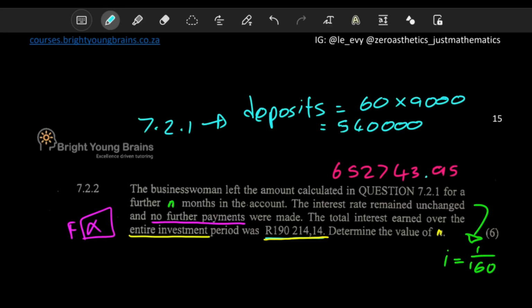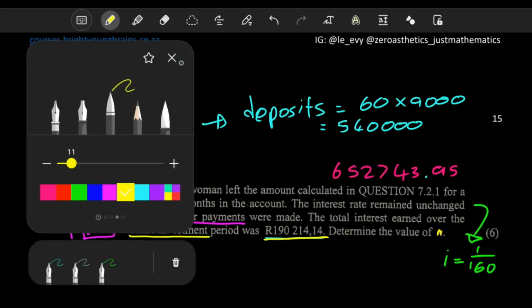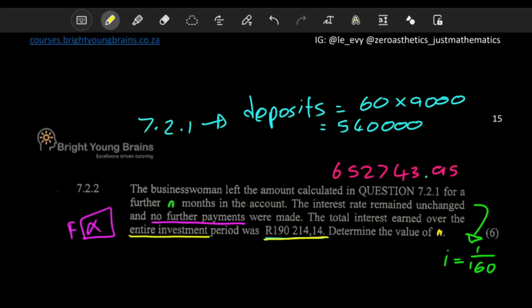And obviously if she made deposits of 540k, let's just double check that I didn't make a mistake there. Let's see, 60 times 9k. I'm a bit paranoid, because I didn't use the calculator. But anyways, from 540k to this much, her interest was clearly the 600 and something k minus what she had actually put into the account.